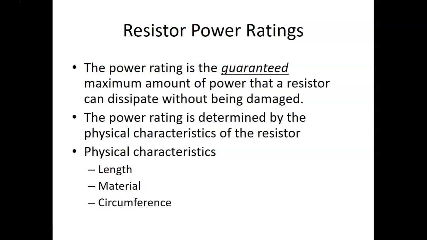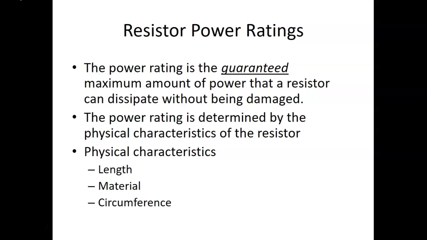If you have a light bulb that is greater than the power that the socket puts out, what happens to the light? It's very, very dim. So with that in mind, the power rating is what is guaranteed as the maximum amount that the resistor can dissipate without damage.